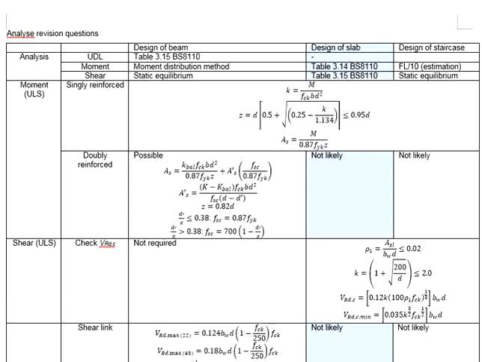Because of that, normally the slab and the staircase are designed in a similar manner, which is on the basis of 1 meter unit width. Because of the large structural element, there are plenty of compression areas within the cross-sectional area.